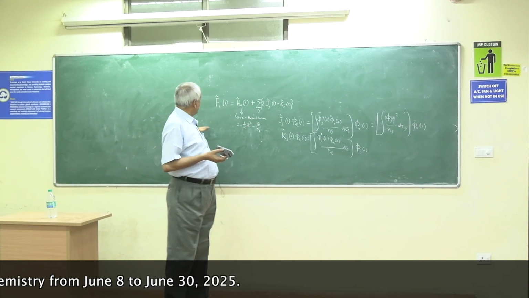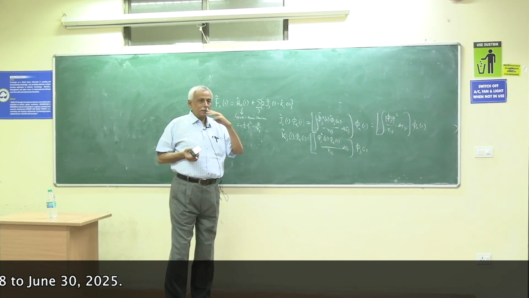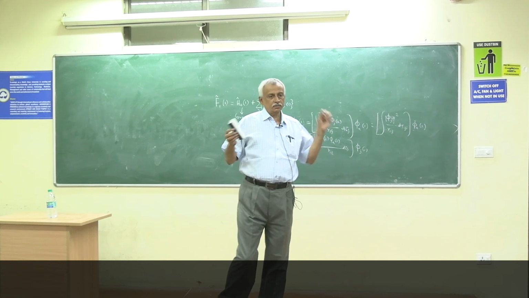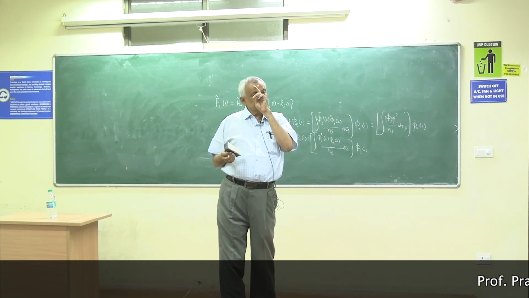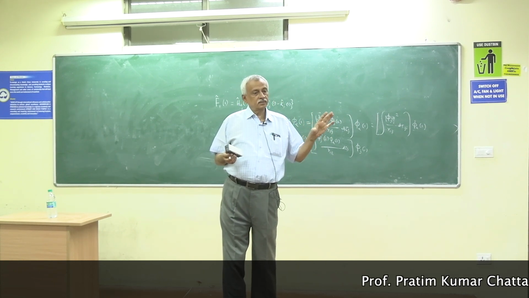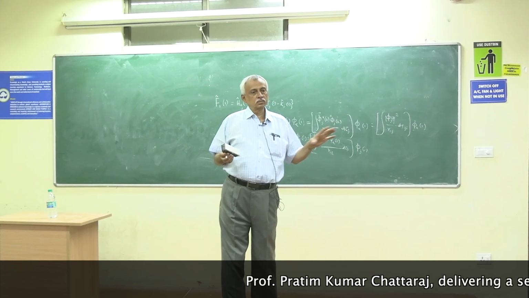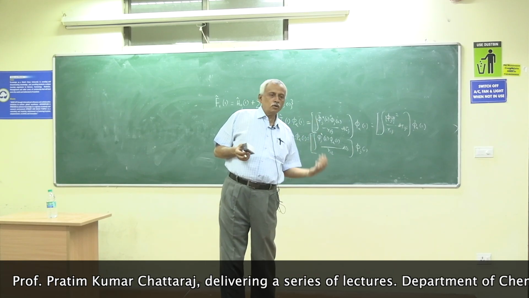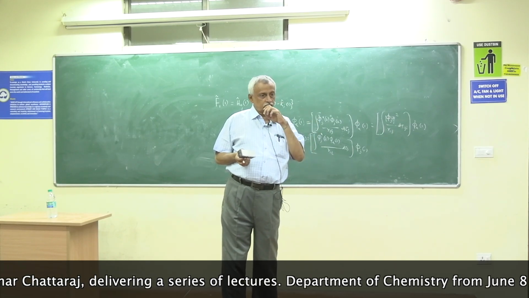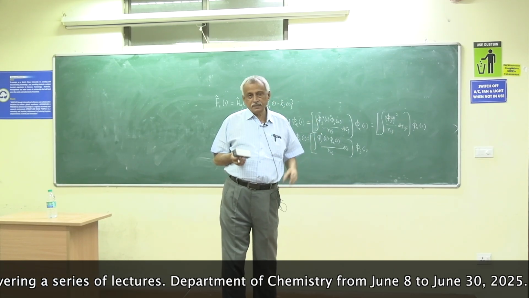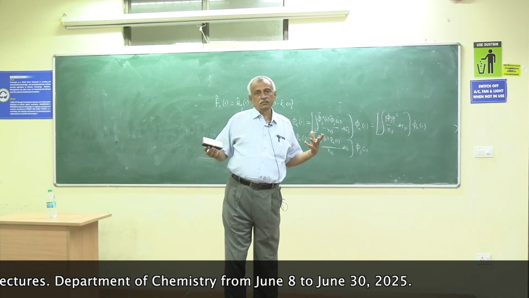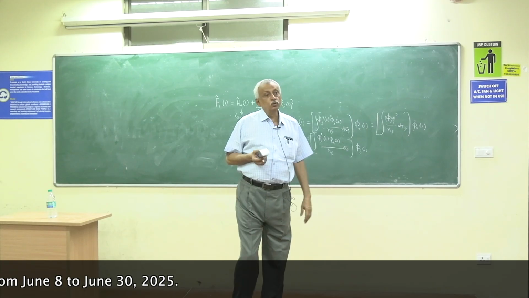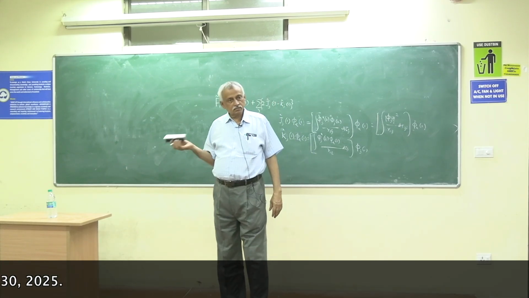So you have seen the Hartree-Fock equations. Iteratively you have to solve for individual electrons, focusing on individual electrons. But the only thing you have to remember is that you have to know the solutions to construct the operator to solve the equation. Apparently it's paradoxical that you are solving something but beforehand you have to know the solution. How do you do it? That we'll tell in a moment.